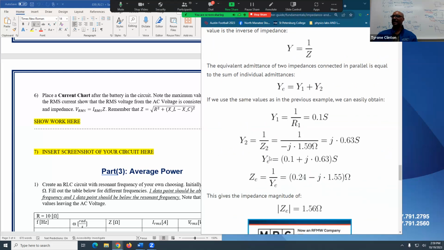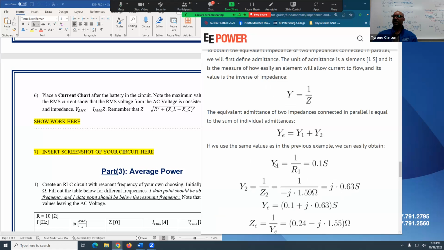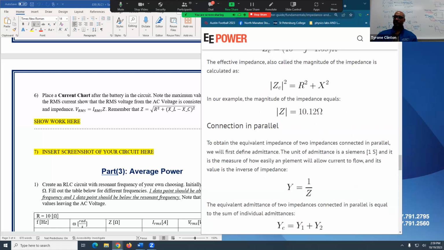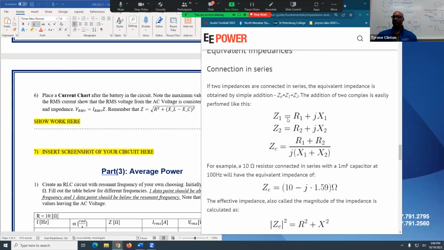This part is slightly different, and they get into another unit that I don't really want to get into, called a Siemens. But you definitely need to know how to calculate resistors in series and resistors in parallel. And now what they're having you do is figure out the total impedance of a circuit, given that everything is in series. Okay.